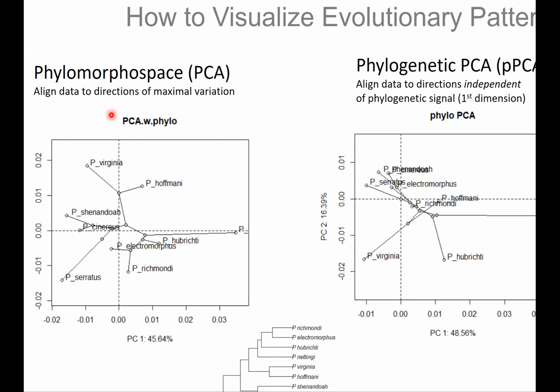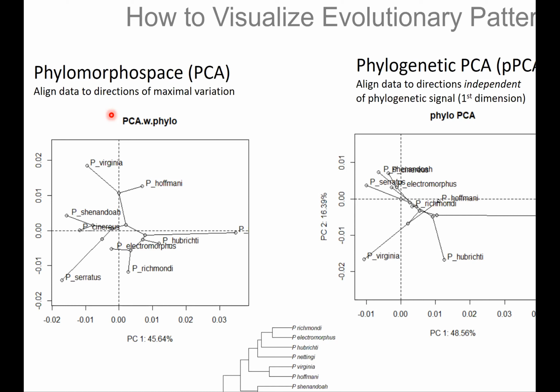And one reason it gets challenging is because I don't know how much of the data is, say, ecological signal versus phylogenetic signal, right? You don't know a priori the extent to which different components of signal are mixed in our phenotypic data set.